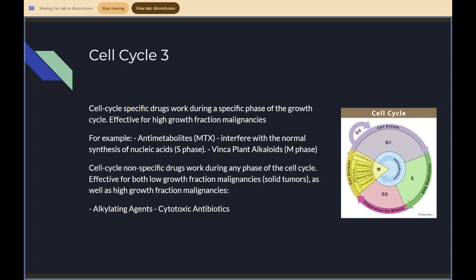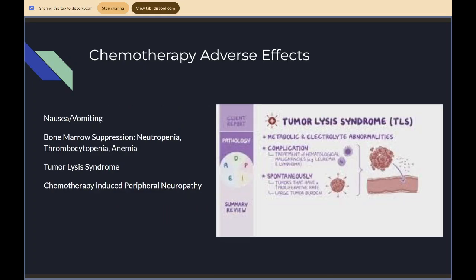Alkylating agents are cytotoxic, which means they are cell killers. You've probably heard or experienced that chemotherapy not only takes care of the bad cells, but also the good cells or the normal cells of the body. That is the meaning of cytotoxic. So, some adverse effects: nausea and vomiting, bone marrow suppression, and the signs will be neutropenia, thrombocytopenia, and anemia.